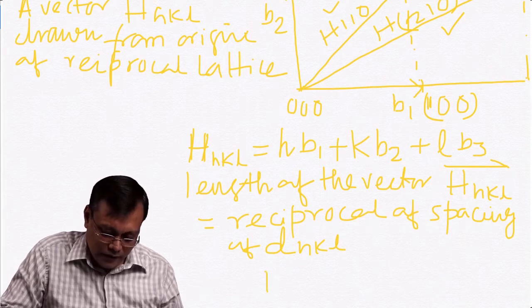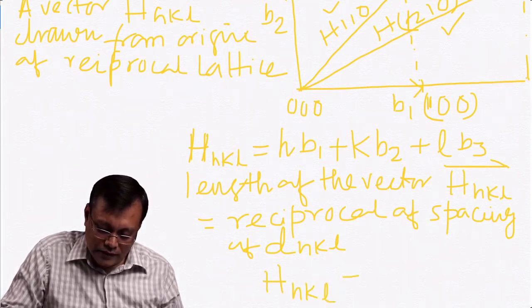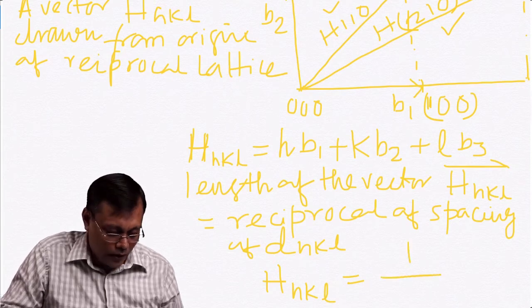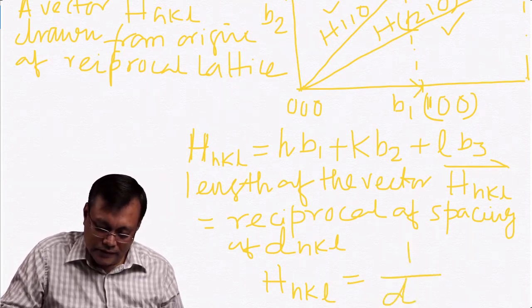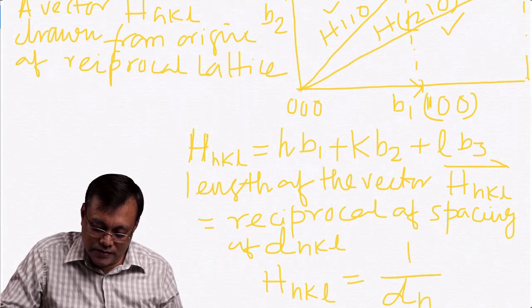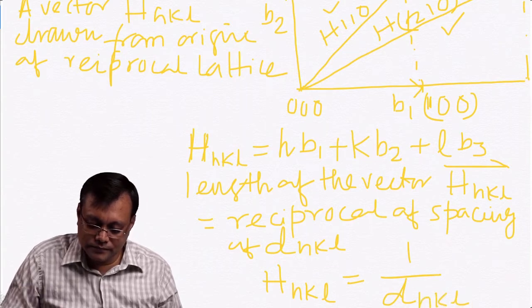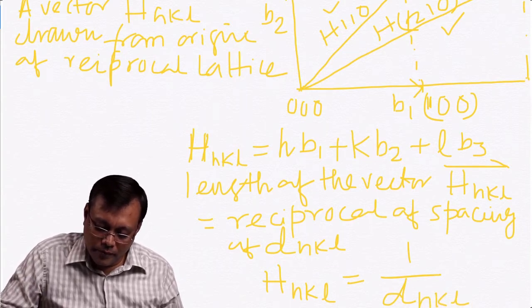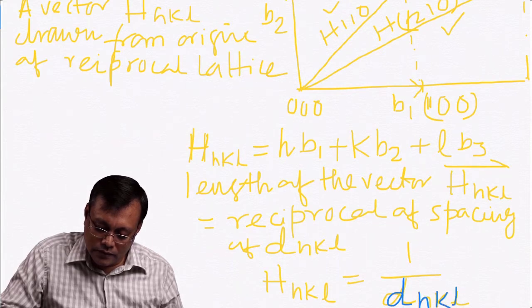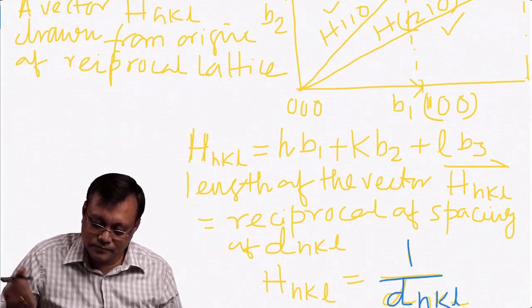What I want to say is that the magnitude of capital H hkl should be 1 by d, where d is in the real space hkl. Or maybe it is better to write it in blue color, in the real space.